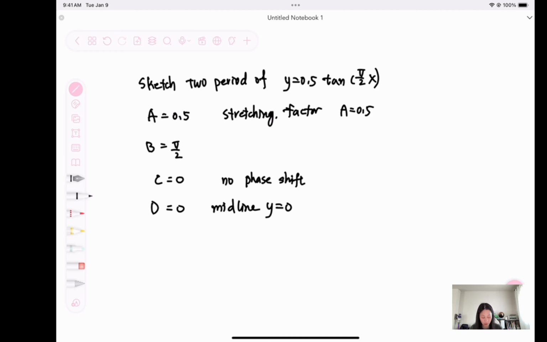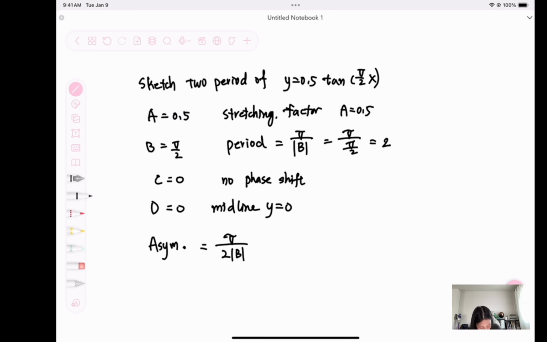And then b equals pi over 2, which gives you the period. The period equals pi divided by the absolute value of b. So divide them, you get 2. So the period equals 2. And then we're also missing one thing, the asymptote. The asymptote equals pi over 2 times the absolute value of b, which is pi over 2, which equals 1.